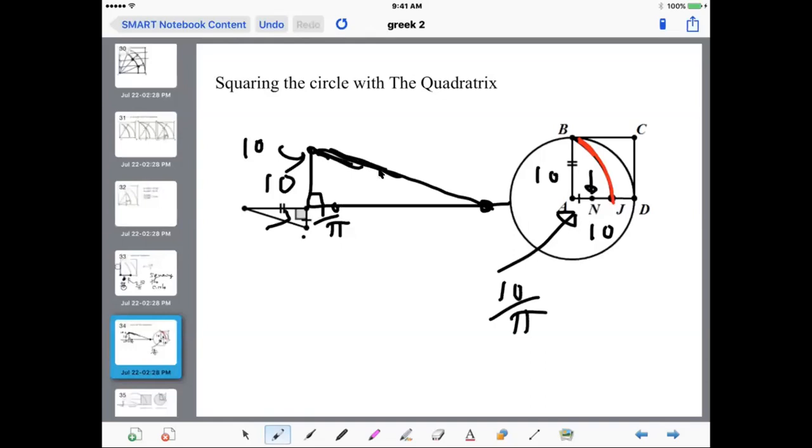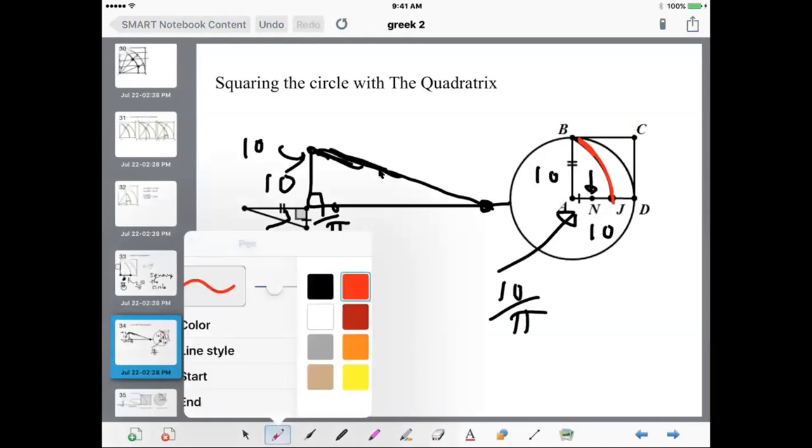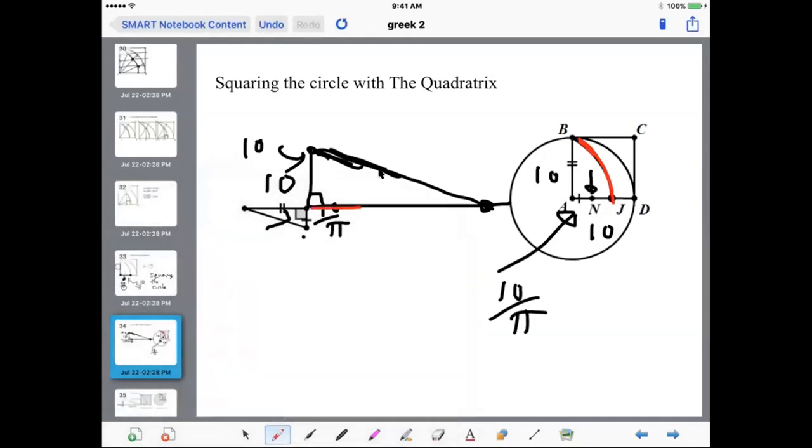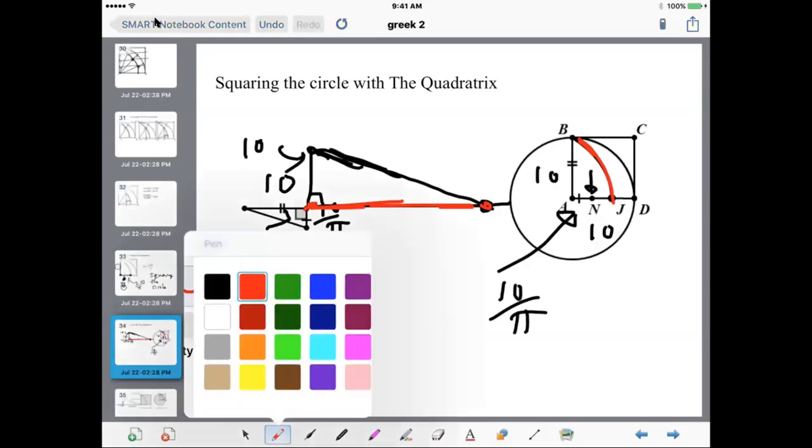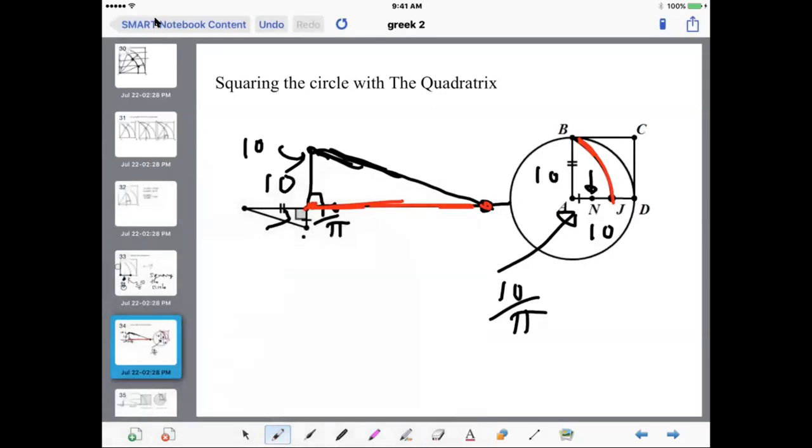Now the big question of the day, well, there's a lot of big questions of the day, but the question I want to know right now is, how long is this red line segment right here? The base of that big triangle. Everyone take a minute to think about that. As a hint, these are similar triangles.